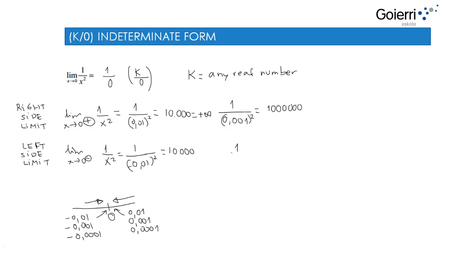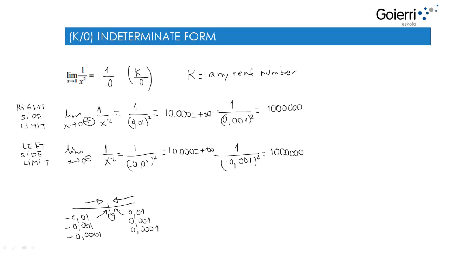And again, if I take another value, for example, negative 0.001 squared, this is again 1,000,000. So as you can see, these values are getting closer to positive infinity. So what happened here?